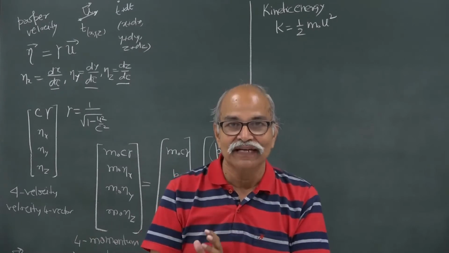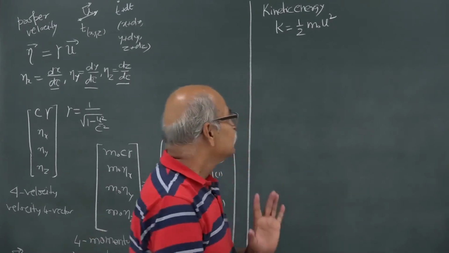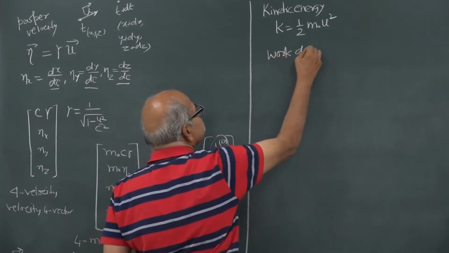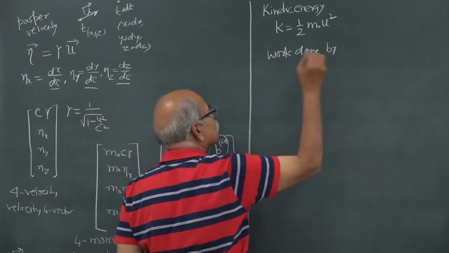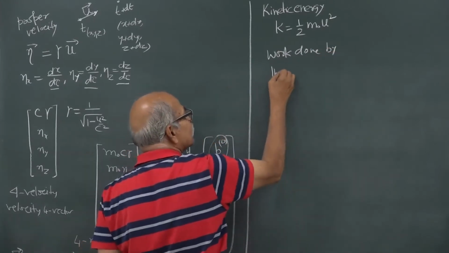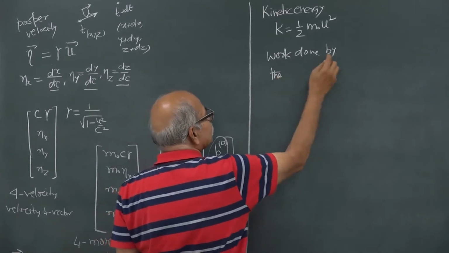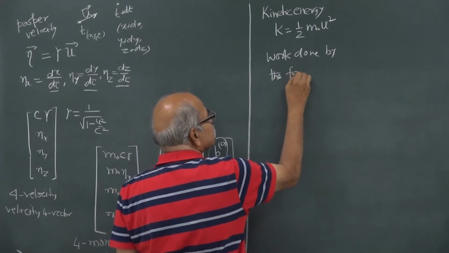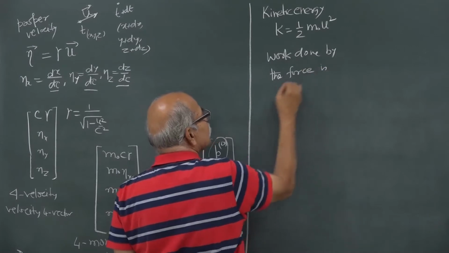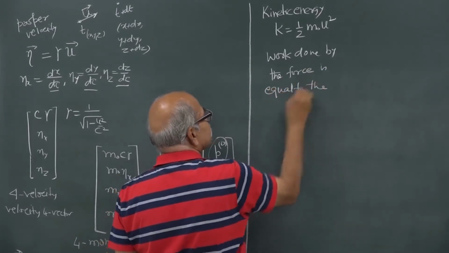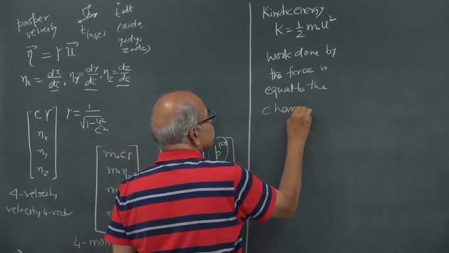From there we define kinetic energy. So, work done by the force. I am talking of a particle. So, there is one single particle, and whatever is the resultant force on that, work done by the force is equal to the change in kinetic energy.